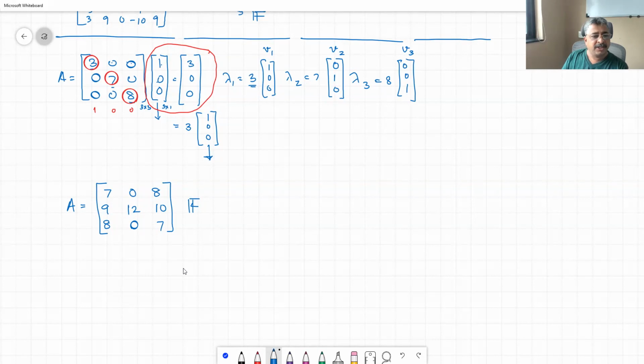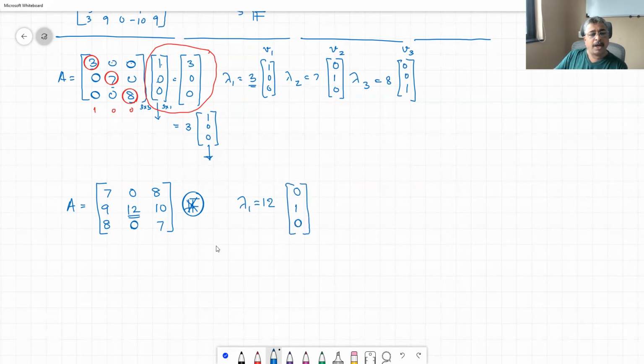Maybe I will change the question a bit because finding the remaining two might be a little difficult, but you will get the first eigenvalue very quickly. Lambda 1 is equal to 12 is going to be your eigenvalue, and the corresponding eigenvector is going to be 0, 1, 0.